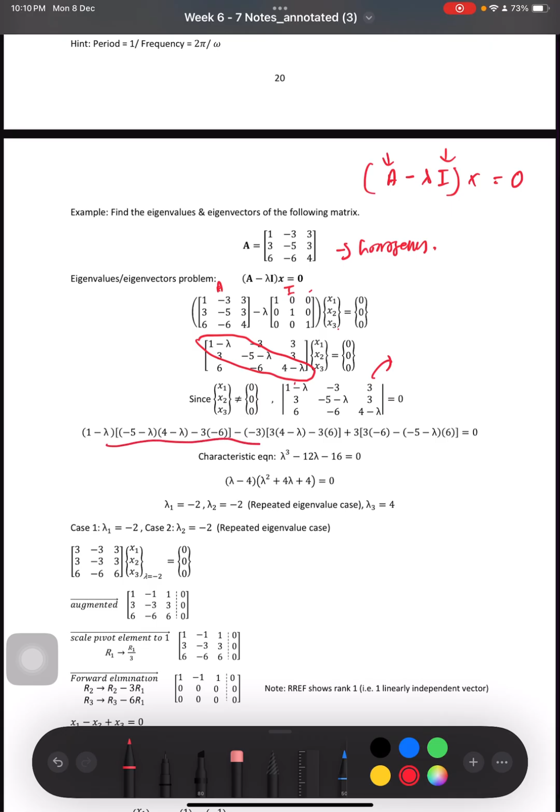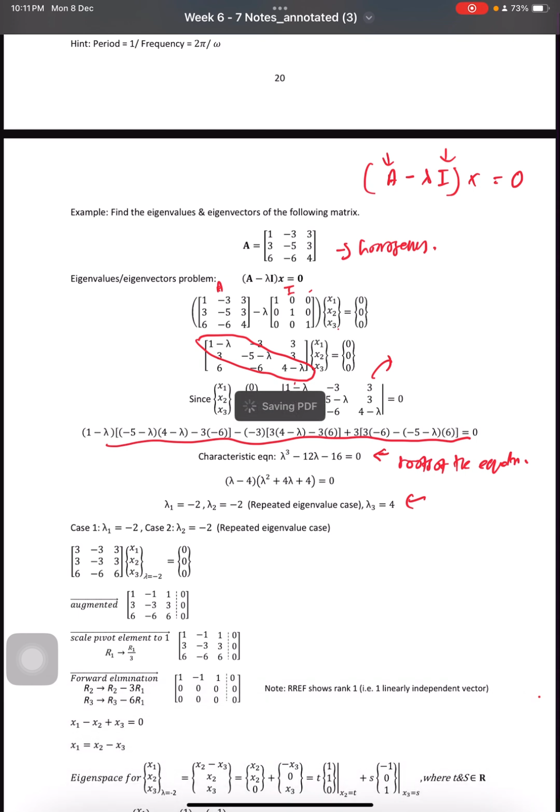You will get the equation like this, and when you solve it, you get an equation to the power of 3. You can use the calculator to find the roots of the equation. This root of the equation is actually the eigenvalue. Remember, when factorizing, if you have a quadratic equation, you will have two roots.